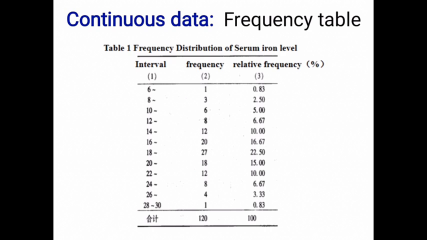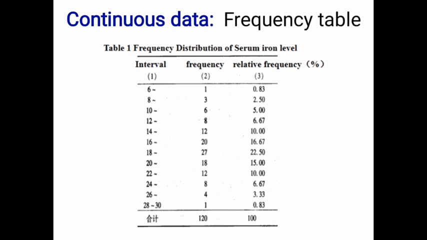If the frequency table was still constructed as for numerical discrete data, it may just display the ordered data only. Now, we need to divide the continuous data into different intervals. And then we count out the frequencies of each interval, and then calculate the relative frequency of each interval.